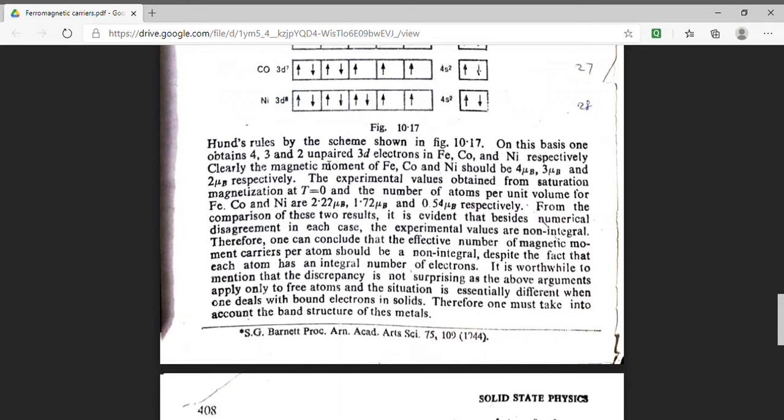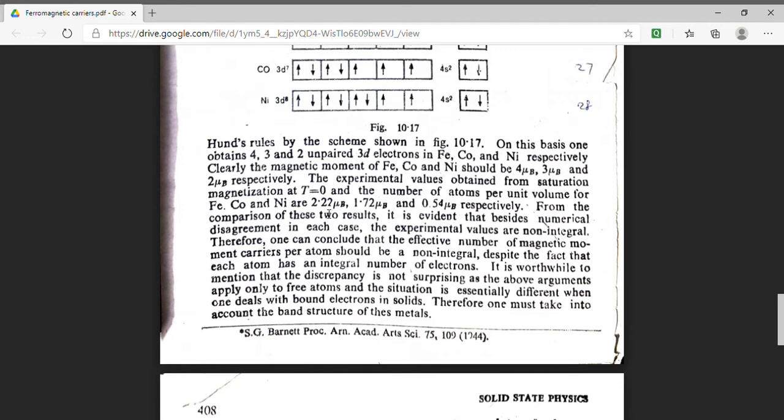But the experimental values of magnetic moment completely disagree with this data. The experimental value for iron is 2.22 mu b, cobalt 1.72 mu b, nickel 0.54 mu b. So, it is clear that there is a numerical disagreement between these two data, and this magnetic moment is also in points.